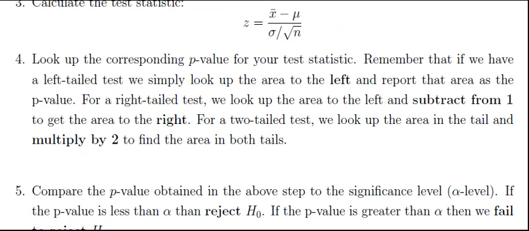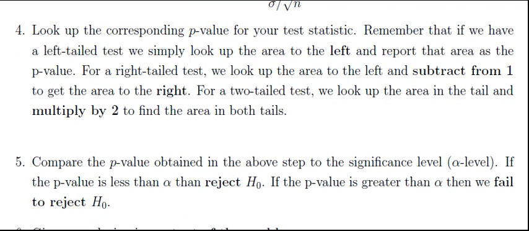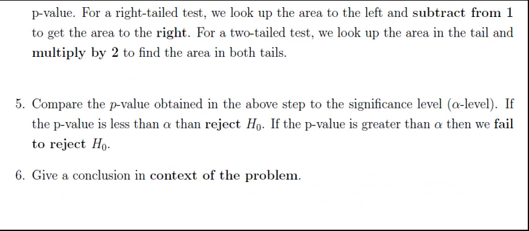We look up the p-value. Again, that's just the area under the curve, so that doesn't change once you get your test statistic. You can use your calculator or the table. Then we compare the p-value to the significance level. And I'm going to keep reminding you of this because it's very important, but we always reject the null if the p-value is less than the alpha level.